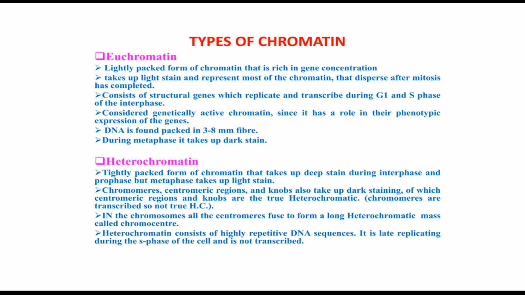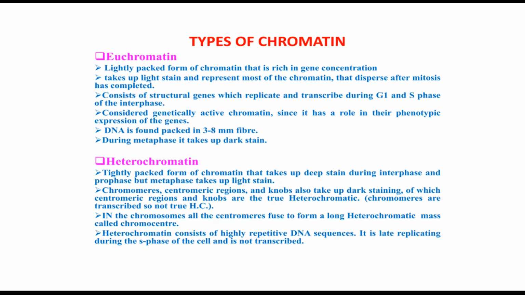Types of chromatin. Euchromatin and heterochromatin are the types of chromatin. Euchromatin is a lightly packed form of chromatin that is rich in gene concentration. It takes up light stain and represents most of the chromatin that disperses after mitosis has completed.